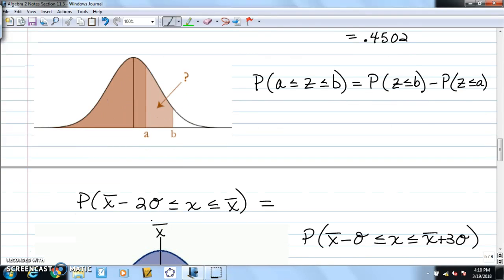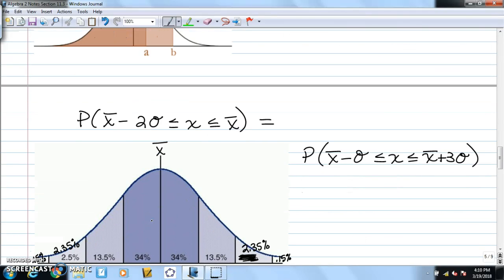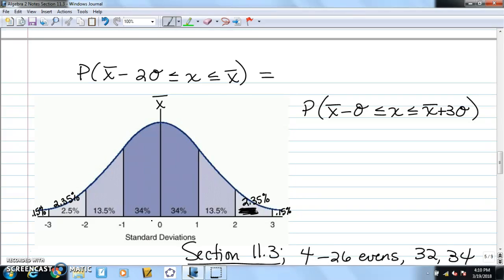So let's think about that here. We could find the probability that it's less than or equal to the mean. That's from here over. And what is x minus 2 sigma? That's 2 standard deviations away, so right here is the mean minus 2 standard deviations. We can just add these two up, since it's between those.